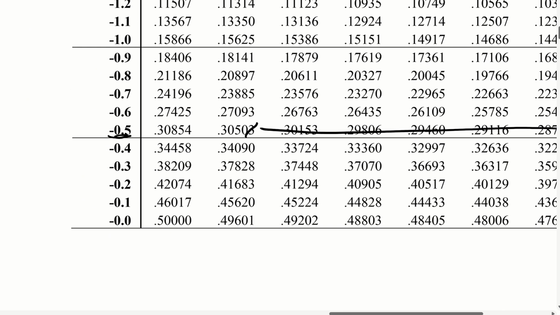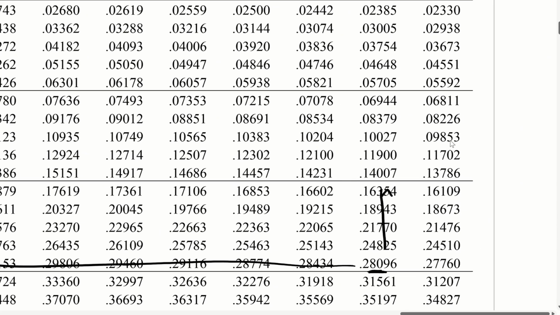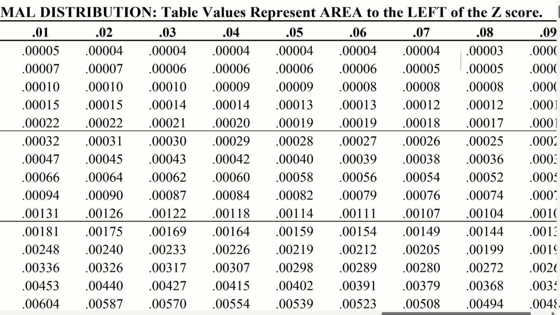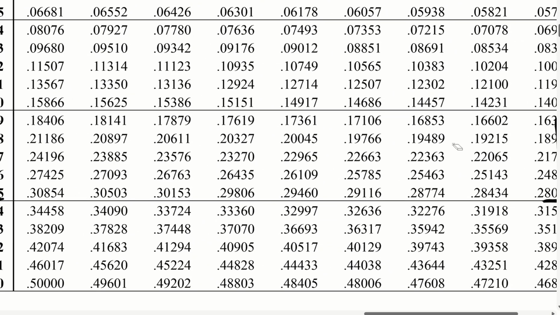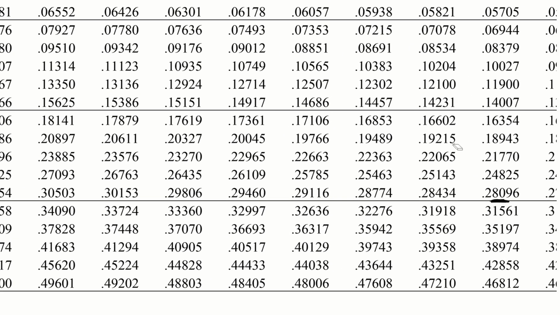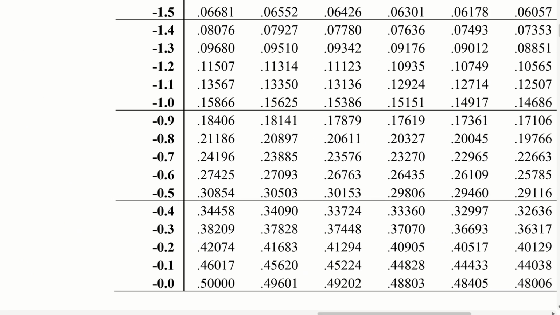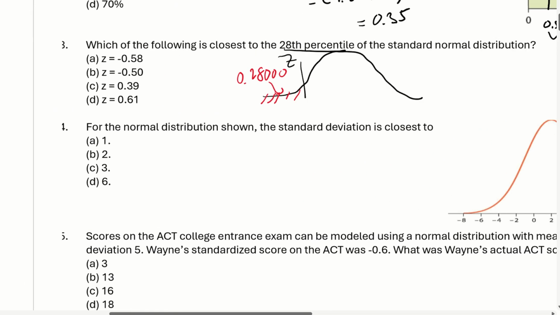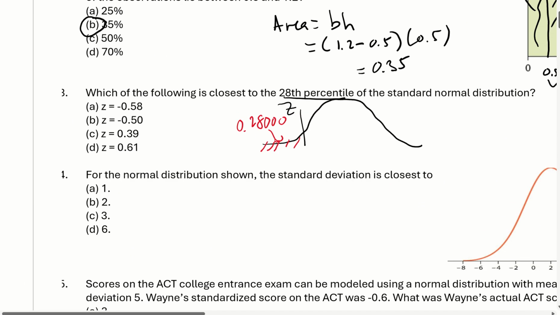So negative 0.5 for the z-score, and then let's go up here, negative 0.58-ish, right? So negative 0.58 would be approximately my z-score. Okay, so negative 0.58. Let's go back to the question. There you go, so it looks like negative 0.58. That's closest to the 28th percentile.